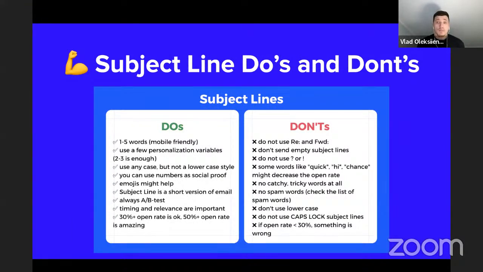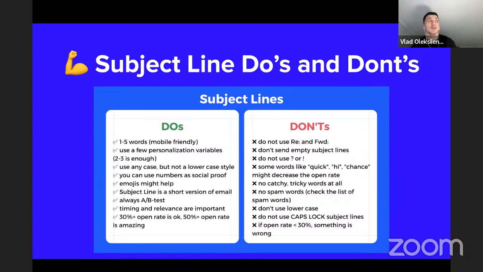And our don'ts: do not use ran forward because those are misleading. Don't send empty subject lines because it can decrease our open rate. Do not use question mark or exclamation mark. Some words like quick, high, chance, we've already discussed them. Scale, boost, grow may decrease your open rate as well. No catchy, tricky words, but some of them may work.